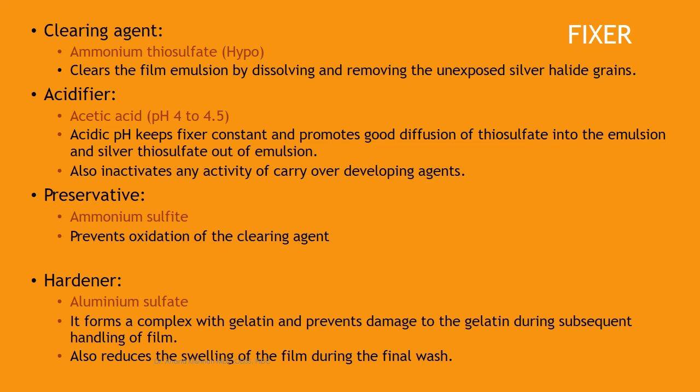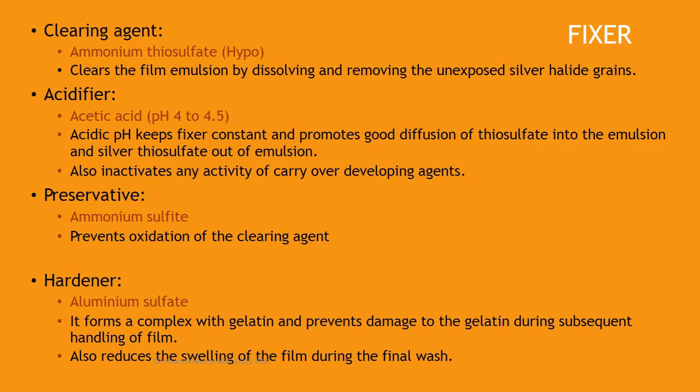This acidic pH helps in good diffusion of the thiosulfate, that is your clearing agent, into the emulsion, and gets it out of the emulsion. It also inactivates any activity of carryover developing agents.